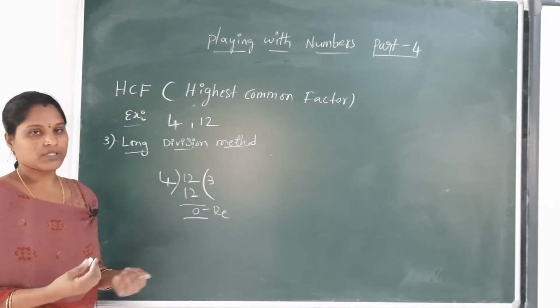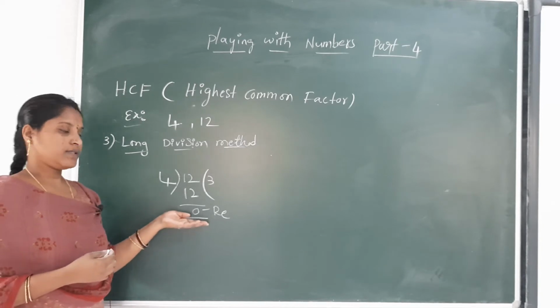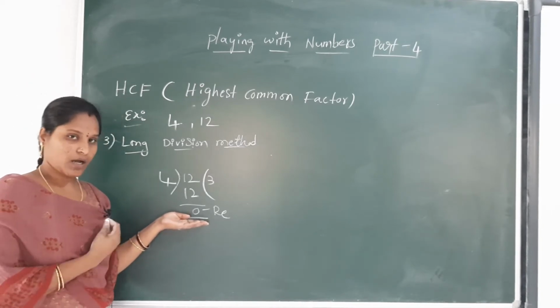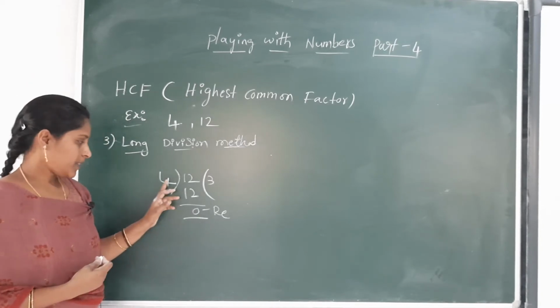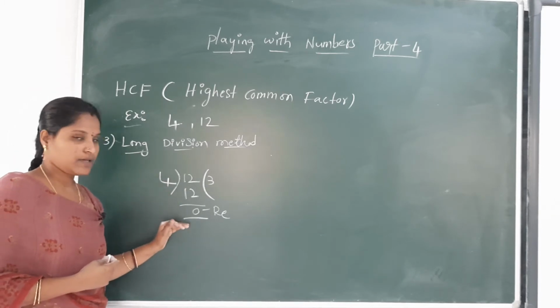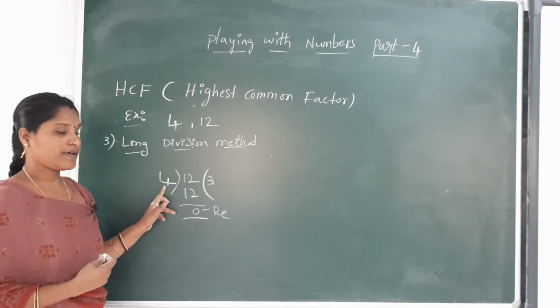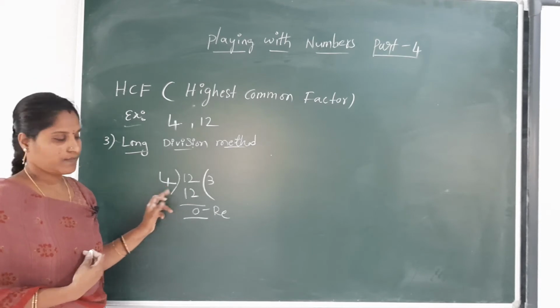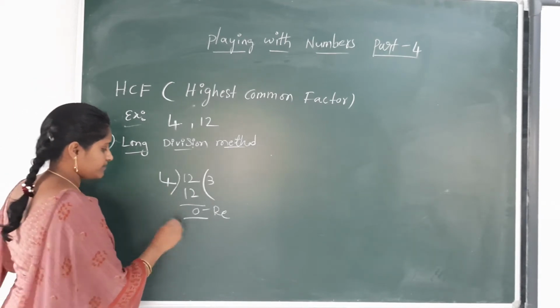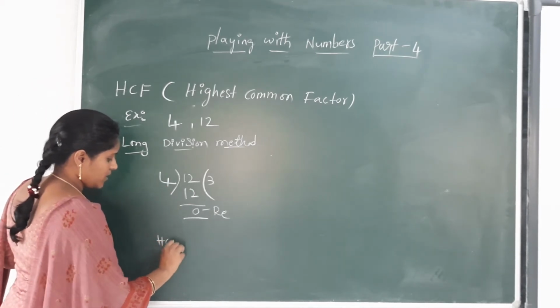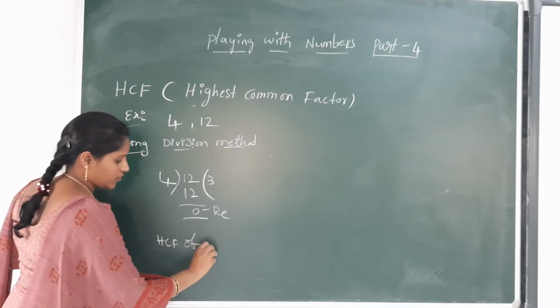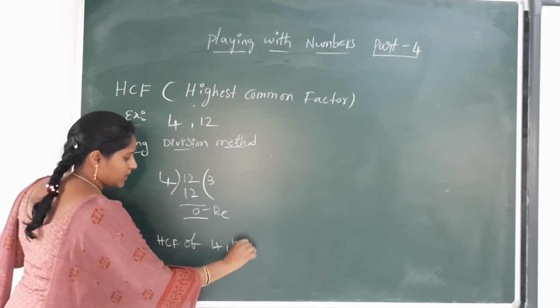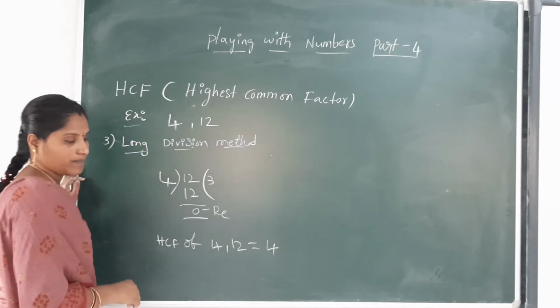So up to here the process is enough. If we get 0 as remainder, the process is enough. The last divisor in this process is the HCF. So HCF of 4 and 12 is 4.